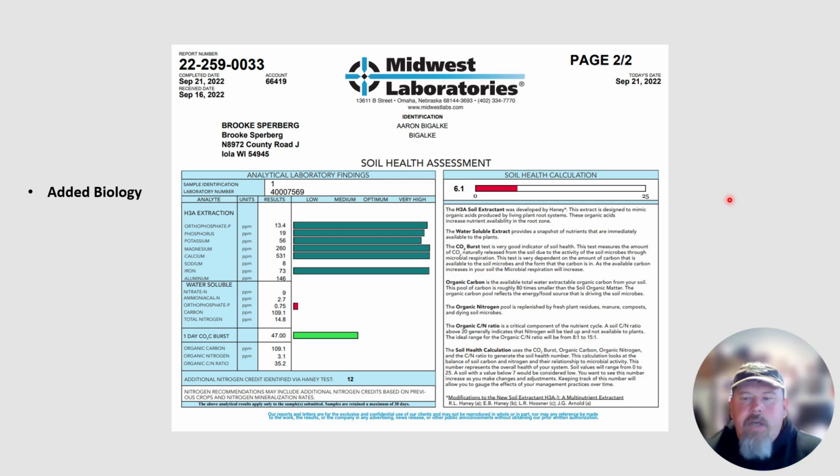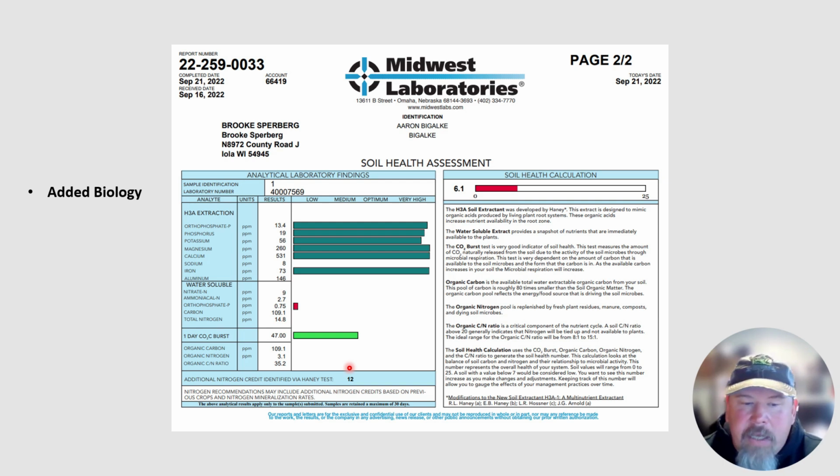So the question here is, what is holding me back? What is causing me not to be able to release the nutrients that I have in my soil to be used by the plants, with an okay amount of microorganisms in the soil? It's not great, it's not good, but it's okay.